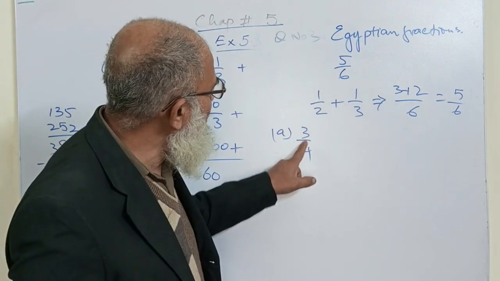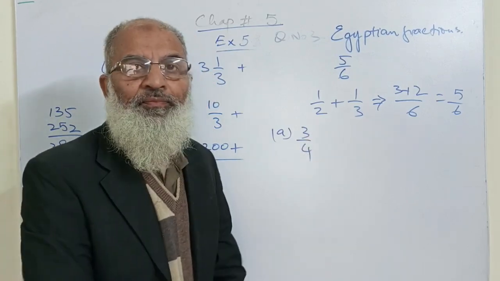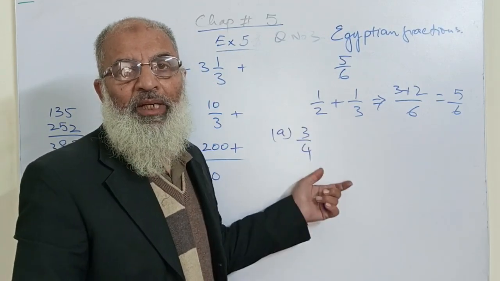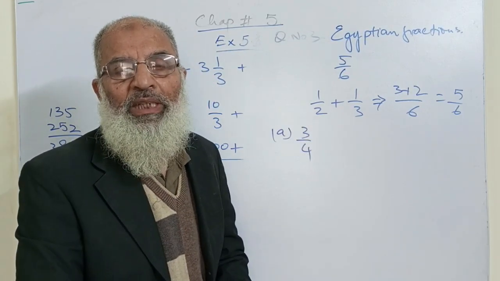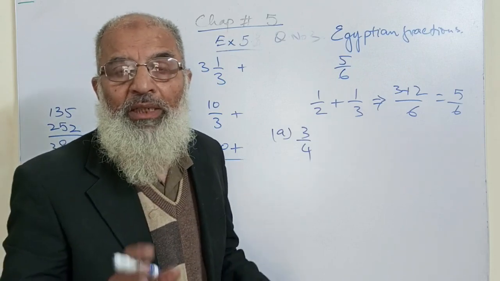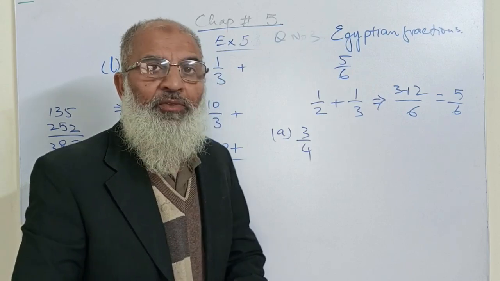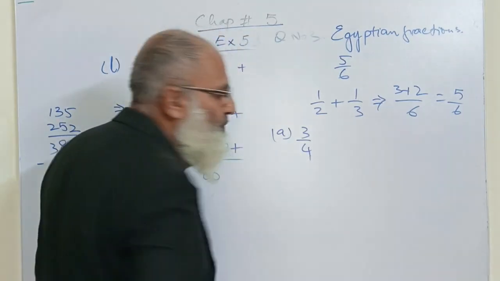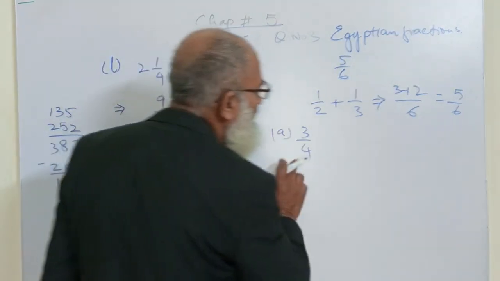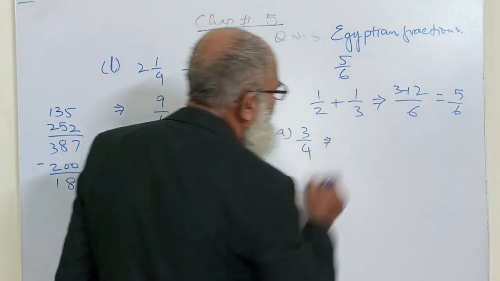Now you see that the numerator over here is 3 and the denominator is 4. Now for Egyptian fractions, it is essential that we have different fractions over here. So we have to bring some different fractions like this.